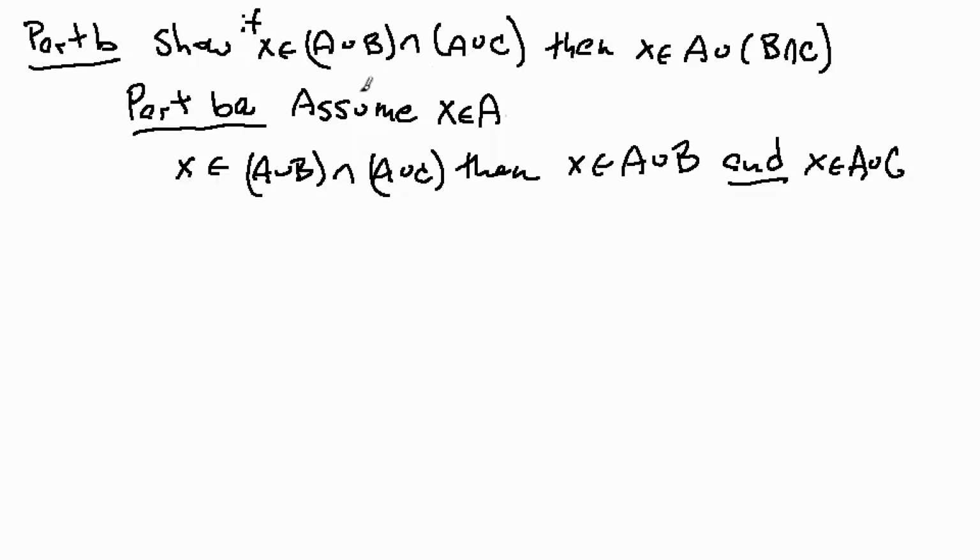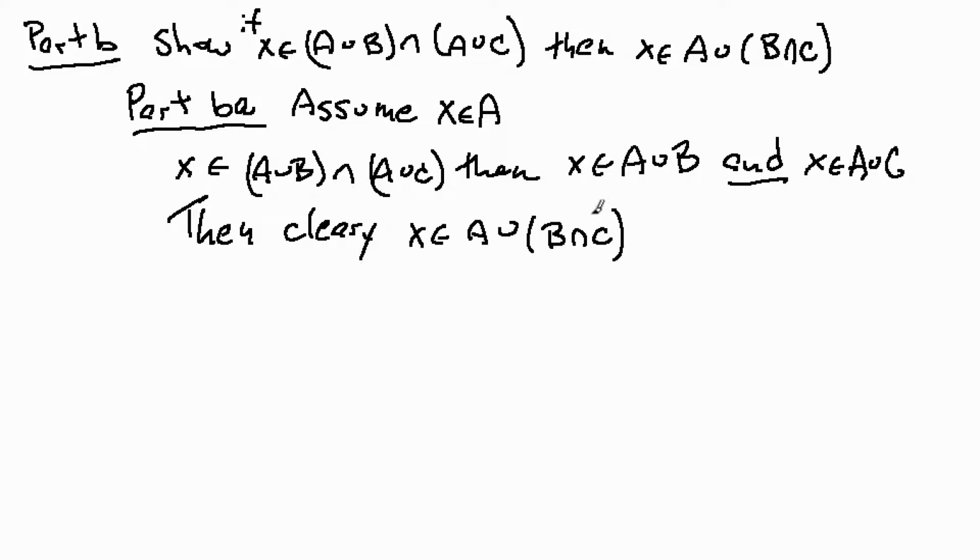Okay, but if we're assuming that X is in A, we really didn't even have to do this, then clearly X is contained in A union B intersection C. If X is in A, then clearly X is in this thing as well. Okay, that was the easy one.